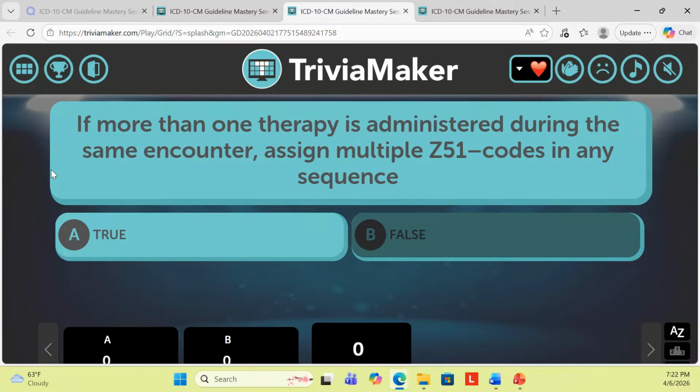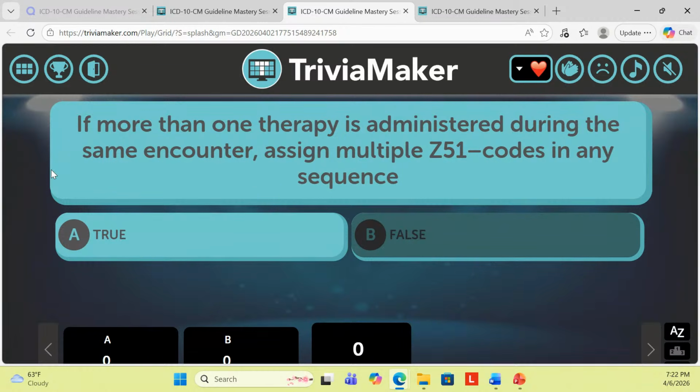But if a patient is coming in for more than one therapy, like chemotherapy, radiation therapy, and therapies like that, and they're doing multiple, there isn't really a sequence. Obviously, if there's a complication with one, it would be different. But if they're coming in for the same encounter for multiple therapies, you can code them in any sequence.